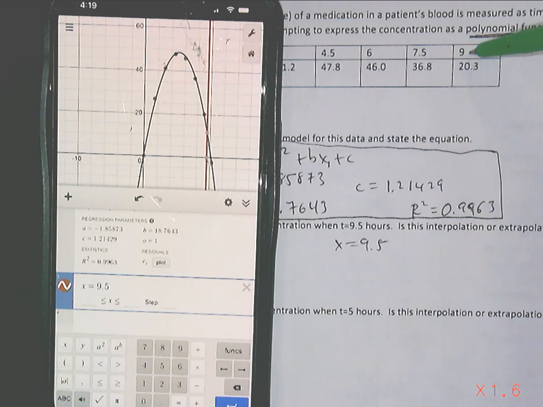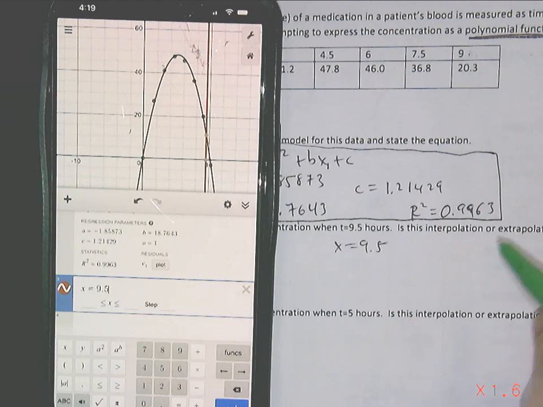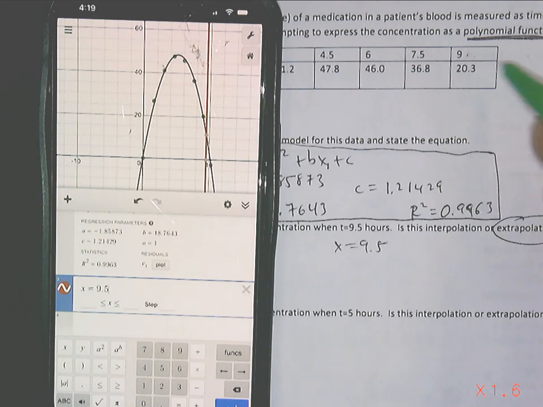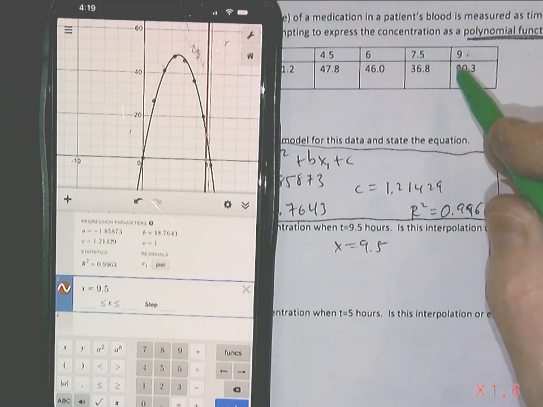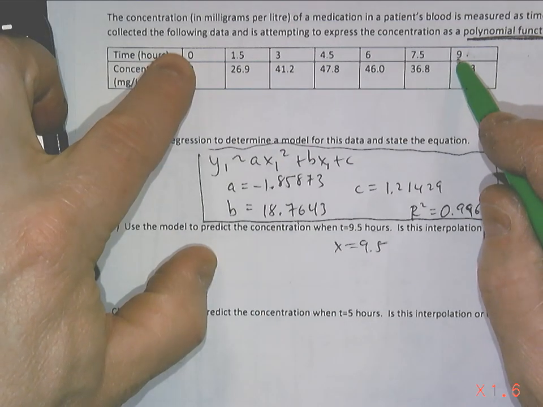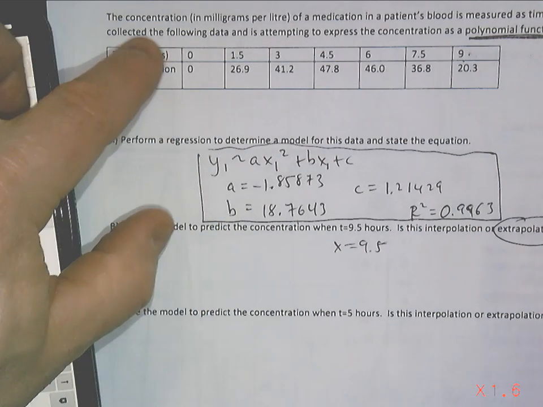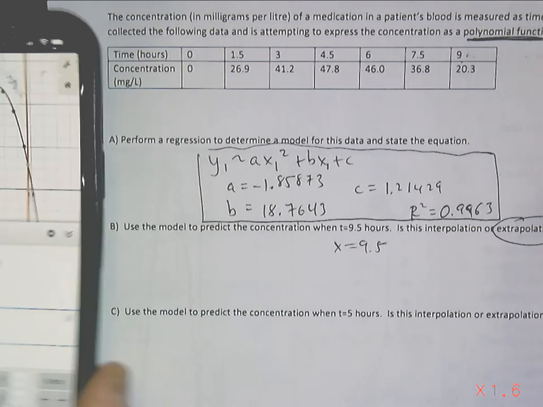And 9.5 is just a little bit beyond the actual data because it only goes to 9. So right away I know it's extrapolation. It's outside the data, bigger than 9. If it was between 0 and 9, that would be interpolation. This is outside it, extrapolation.